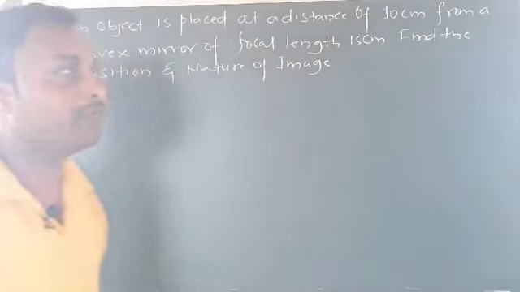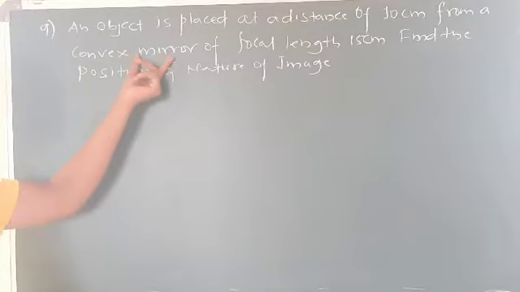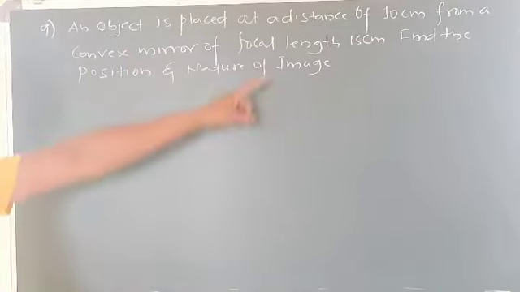Well students, we have next problem, problem number 9. An object is placed at a distance of 10 centimeter from a convex mirror of focal length 15 centimeter. Find the position and nature of the image.